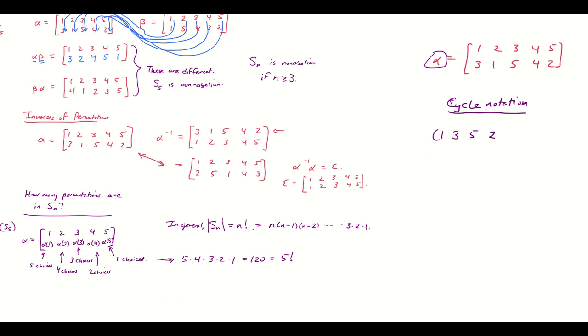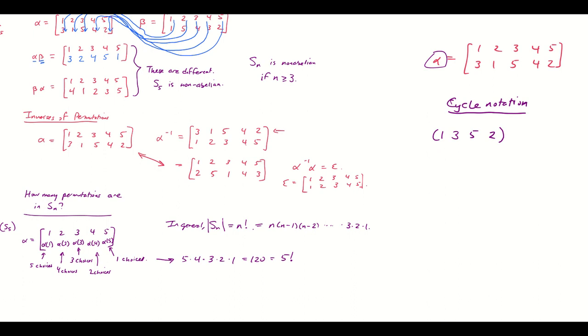And then 2 gets mapped back to 1. Rather than writing another 1, I'm just going to close the cycle there, because my notation is set up so that the reader will infer that this goes to this, goes to this, goes to this, and then when I reach a right parenthesis, I assume that means that 2 goes back to 1, and indeed it does in this case.